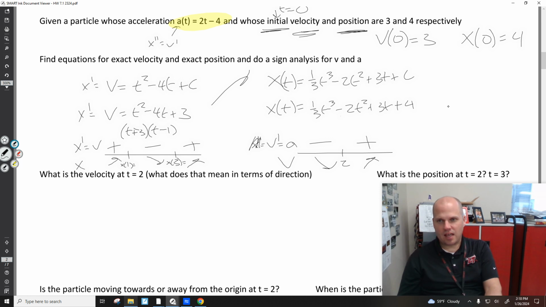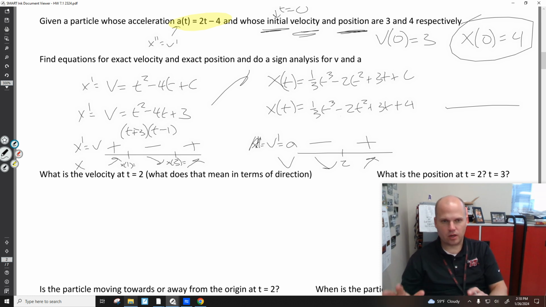This is telling me, along with this, and again, I'm switching gears from sign analysis to my motion analysis. Let's see if this makes sense to you. At time 0, my dude is at a position of 4. Cool? This is position, but this is time.